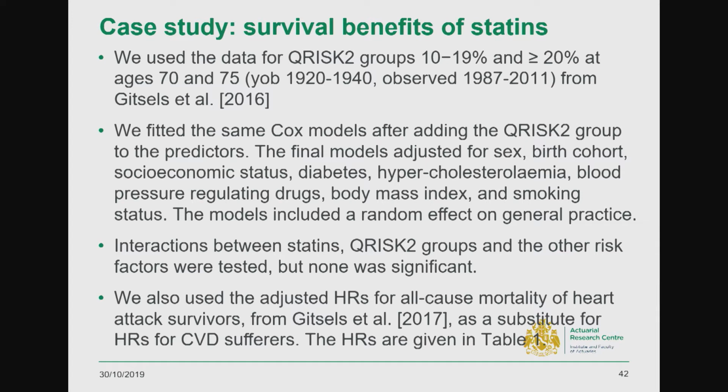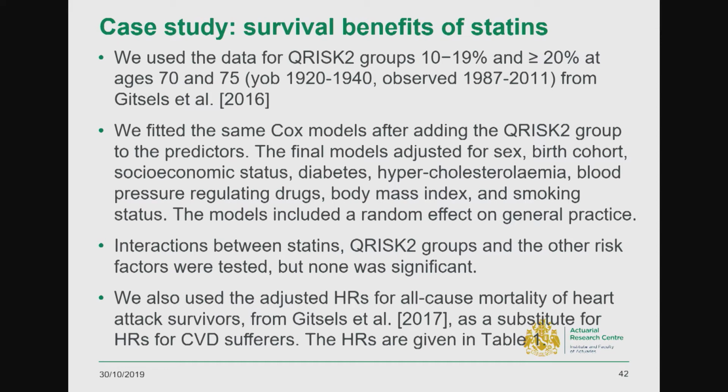And we also wanted to look at the data for people with higher cardiac risk, above 40%. But we didn't have ready-made data for that. So instead, we took the data from another paper of ours, which was about heart attack survivors, as a substitute for people with high Q-risk.